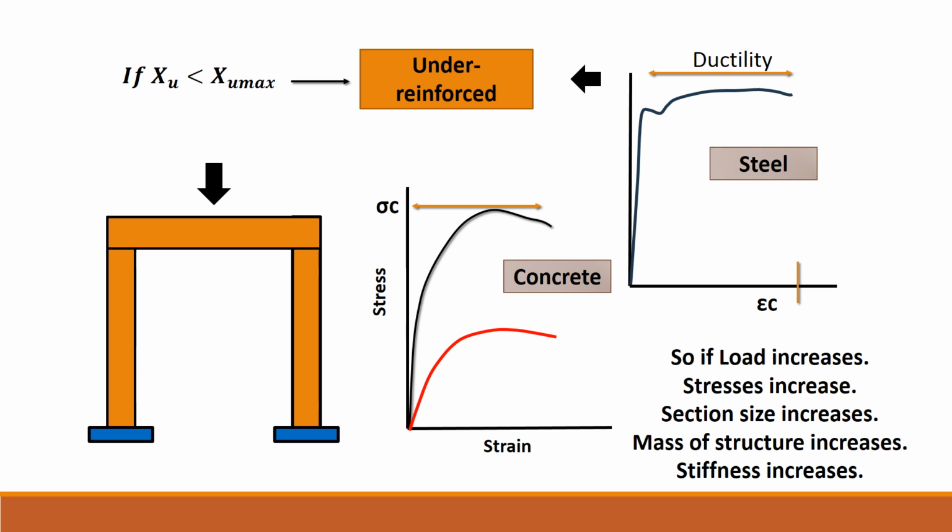So we are allowing the structure to bend. We are allowing it to deform. We are allowing the structure to undergo curvature, and we are allowing the structure to undergo some strains. Now, this is a material property.